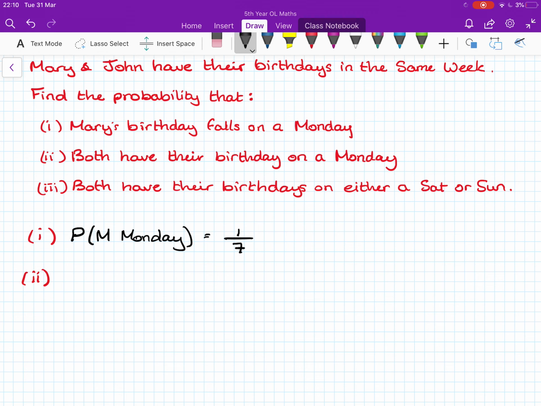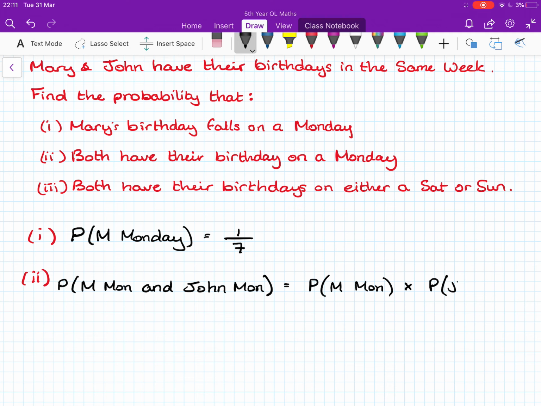Now, both having their birthdays on a Monday. This is where we're dealing with an AND situation. This is the probability that Mary has her birthday on a Monday and John has his birthday on a Monday as well. As we said before, this is going to be the probability of Mary having her birthday on a Monday multiplied by the probability of John having his birthday on a Monday.